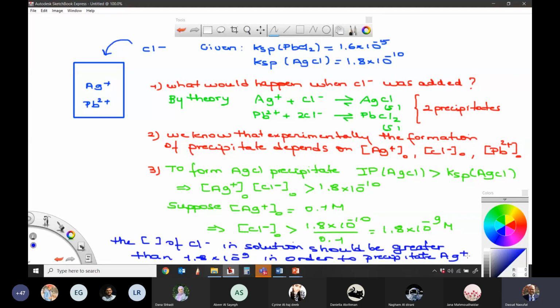By the same way, we calculated what should be the concentration of Cl- in the solution in order to precipitate Pb2+.